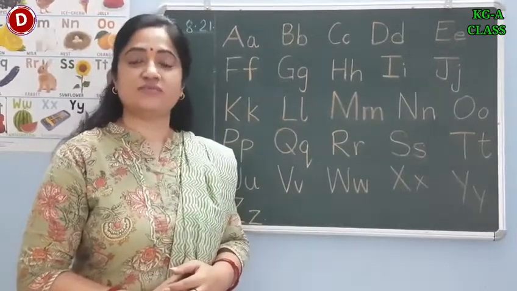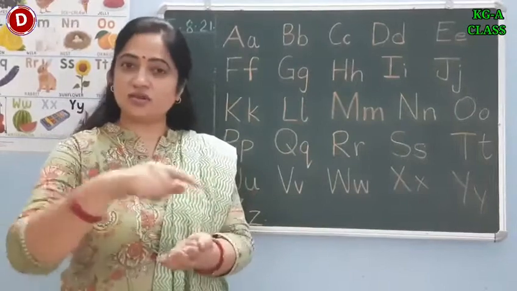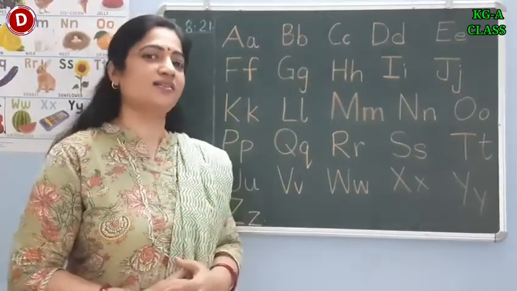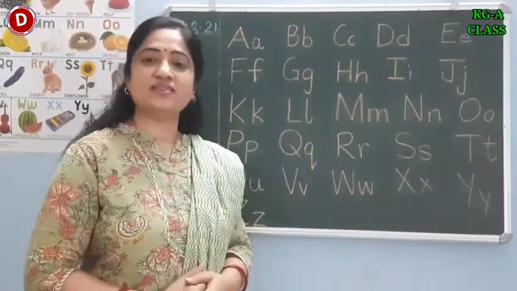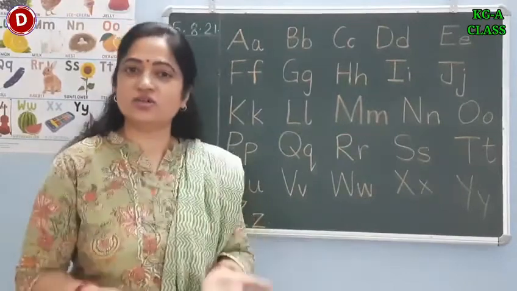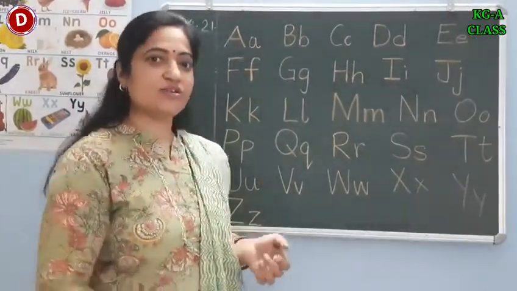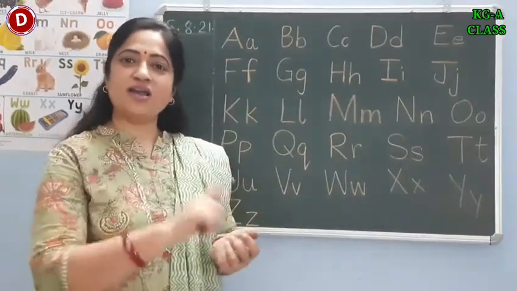G says gurgle. The water gurgles down the drain. Gurgle. Capital H, small h. It says hop. I like to hop up and down. I like to hop all around.